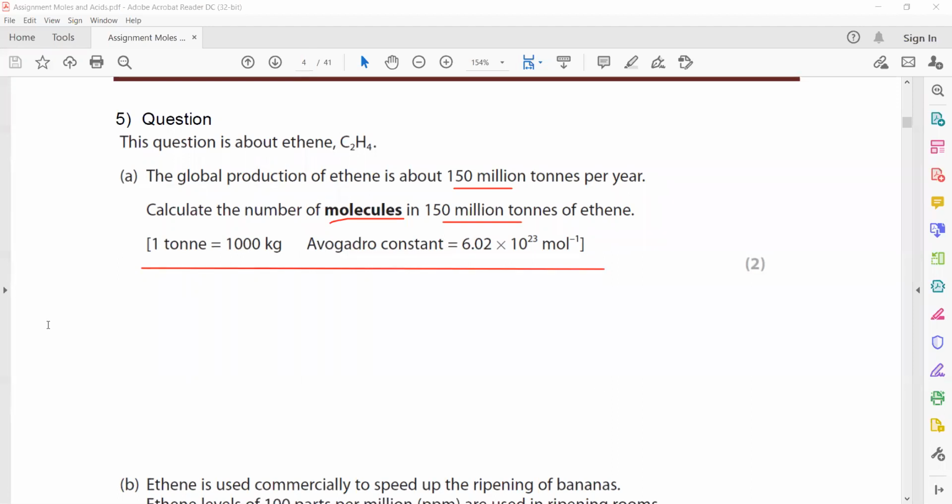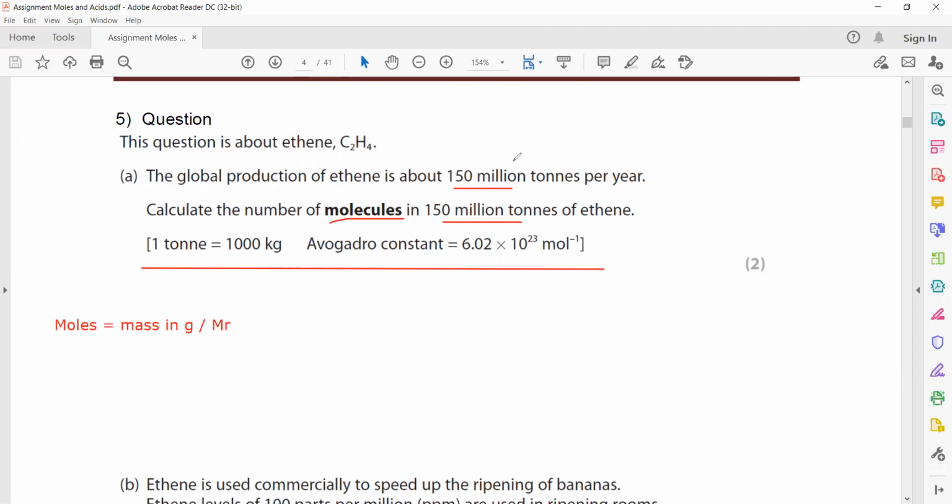So the formula: moles equal mass in grams divided by molar mass. The mass is 150 million tons, as mentioned in the question.